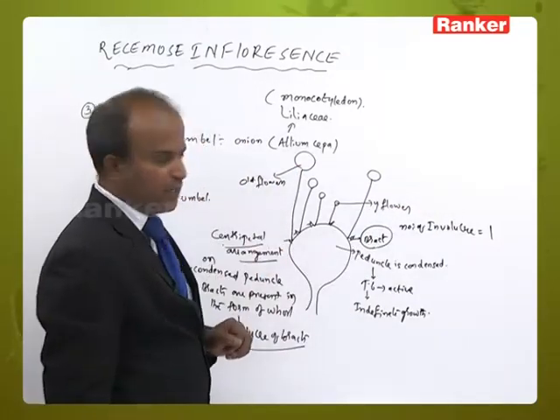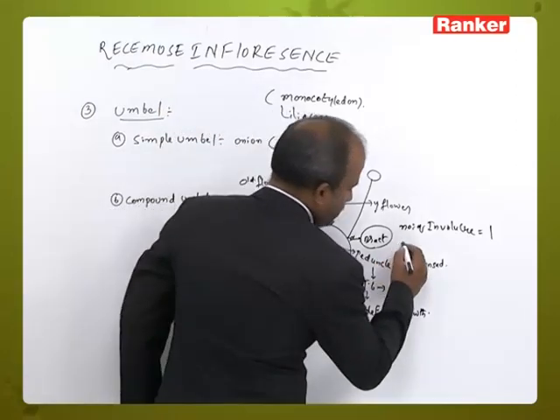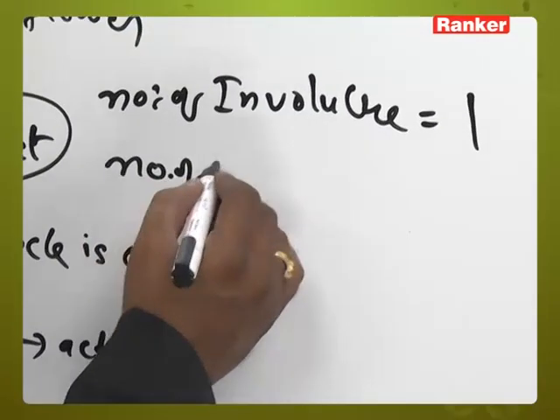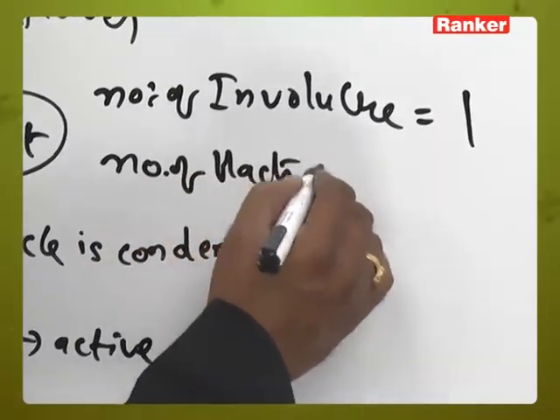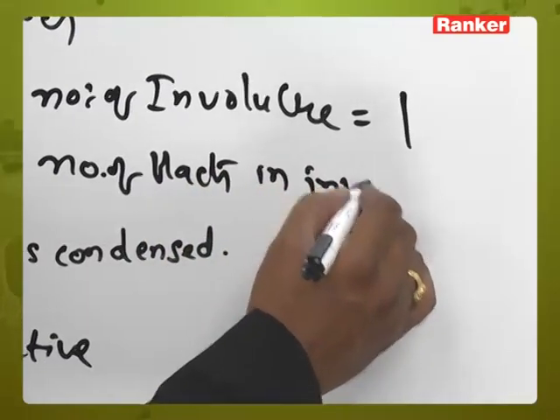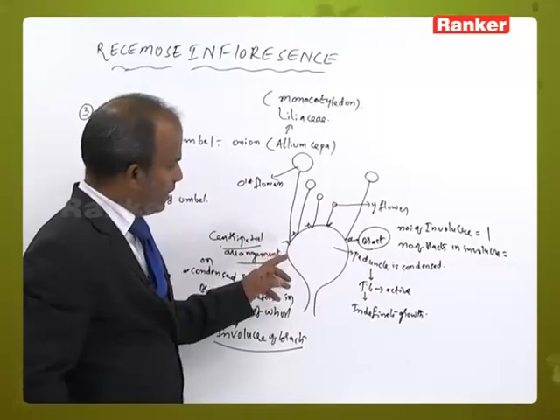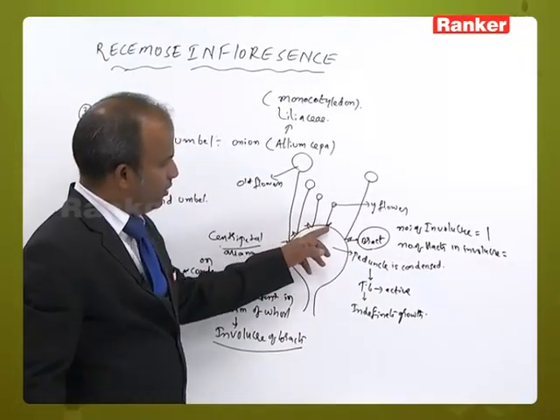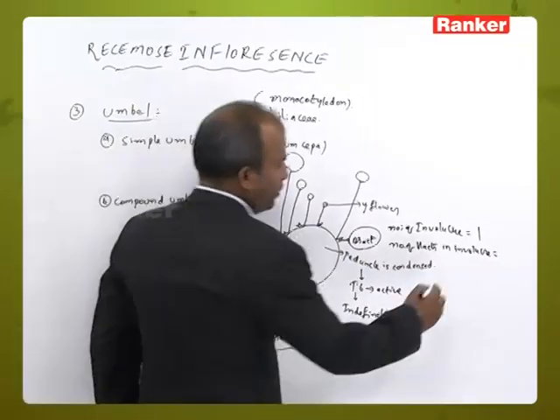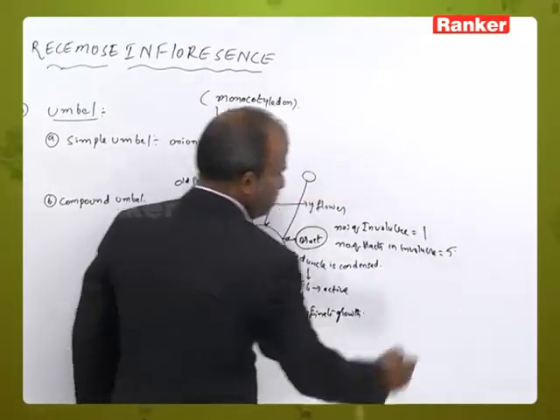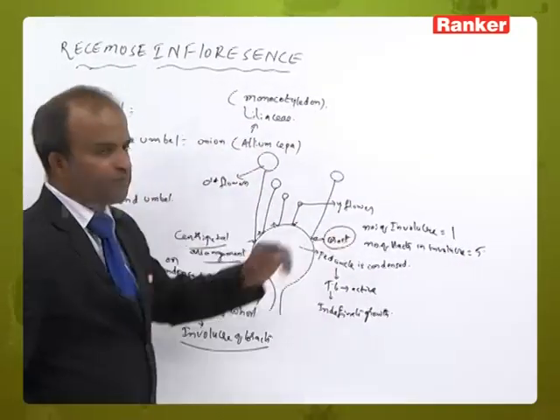According to this diagram, number of bracts in involucre means 1, 2, 3, 4, 5. That means what is the number according to this diagram? It is nothing but 5.